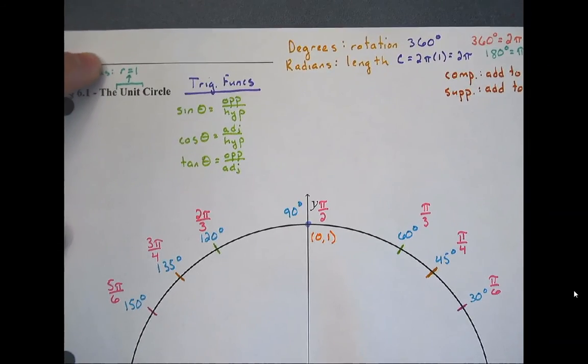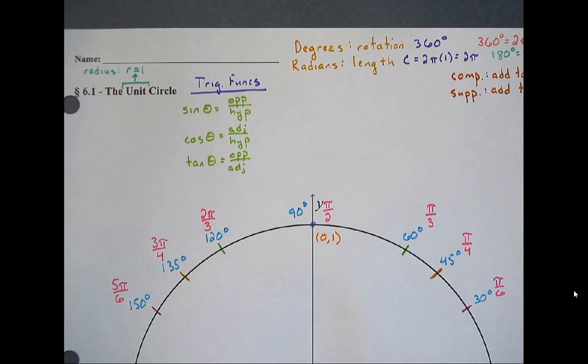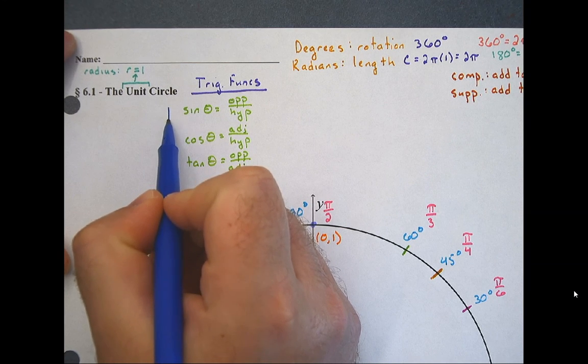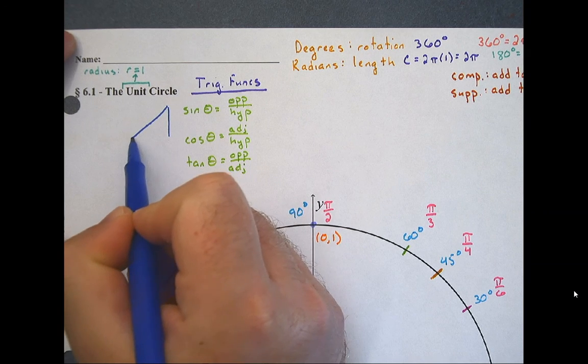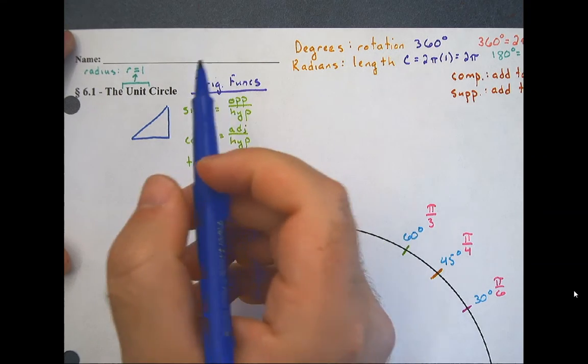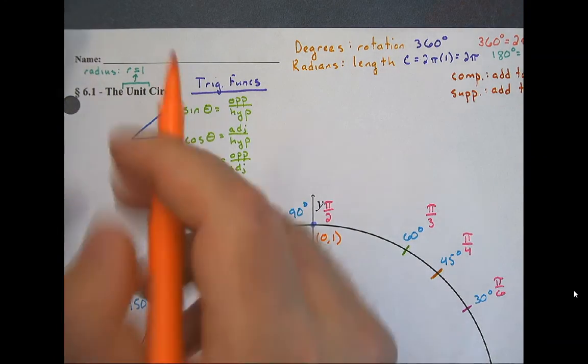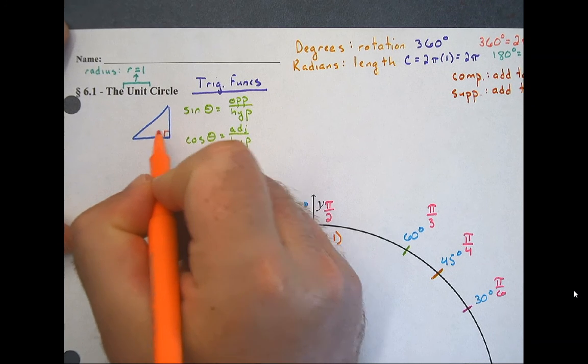So what do I mean by opposite and adjacent and hypotenuse? Let's do a quick sketch. I'm going to grab two random right triangles. I'll start with this right triangle, which has two angles.